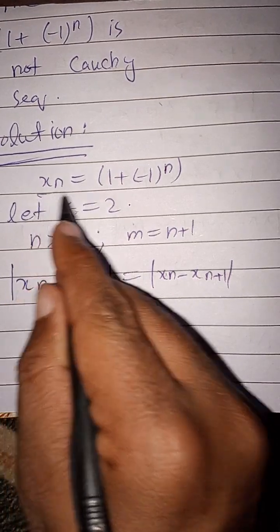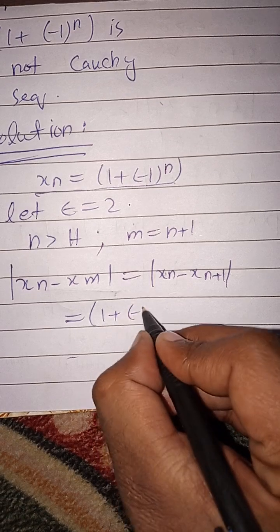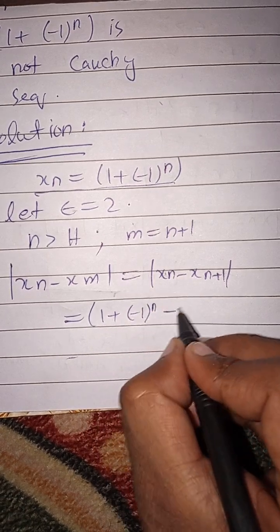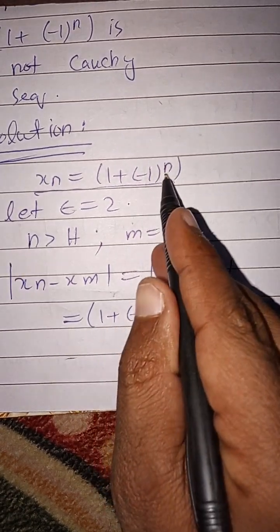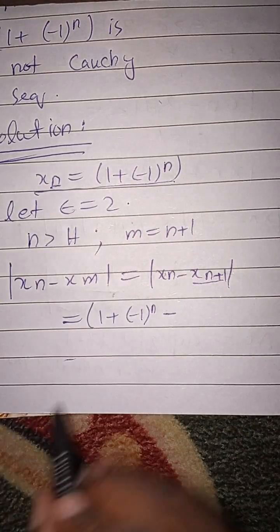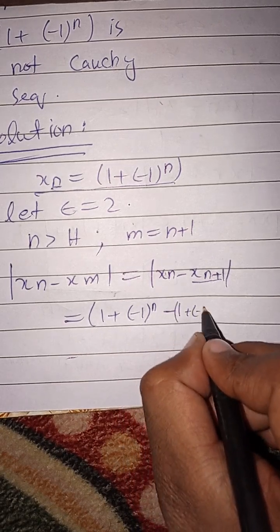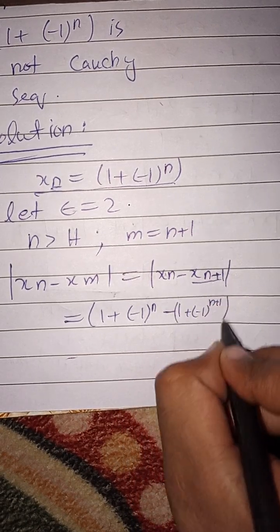What is the value of xn? This is the value of xn: 1 plus minus 1 power n. Let's put the value of xn plus 1. If we put n plus 1 in the place of n, then we will get 1 plus minus 1 power n plus 1.